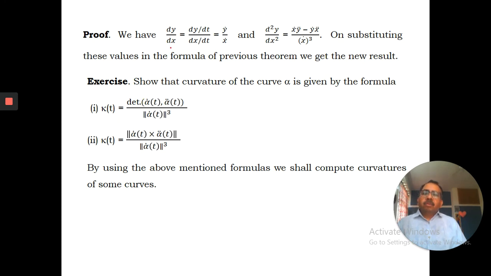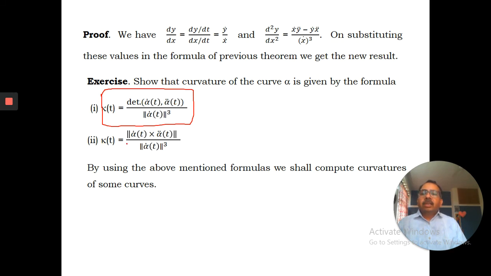And from these two formulas which I have just given, it is not hard to see curvature can also be defined as, if you have a parameterization alpha, take the determinant of alpha dot t and alpha double dot t divided by the norm of alpha dot t cubed.